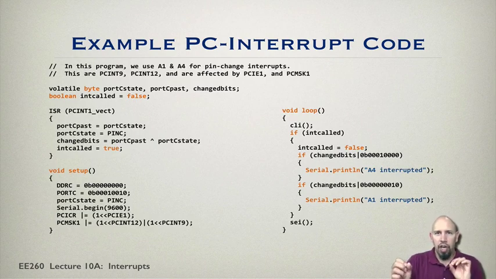If I get 0 1 or 1 0, that is, if they're different, that means a change has occurred, then I get a 1. So this changed bit, by doing this exclusive OR, is going to have a 1 in every place where there's a difference between these two ports.